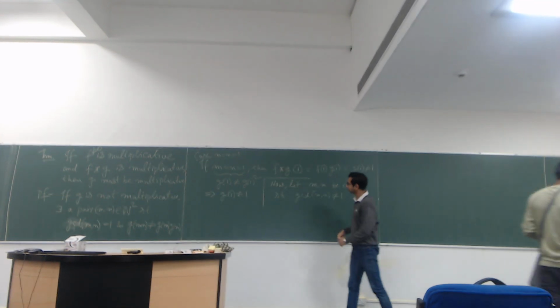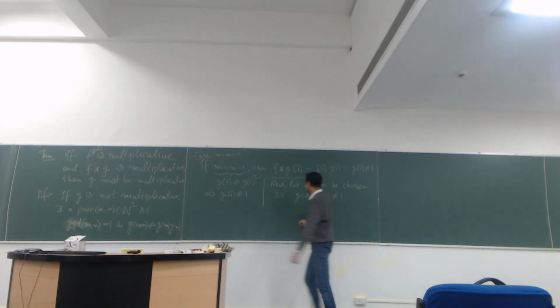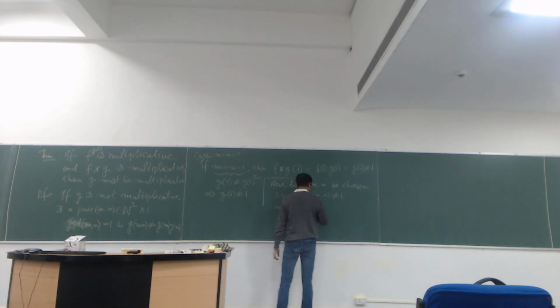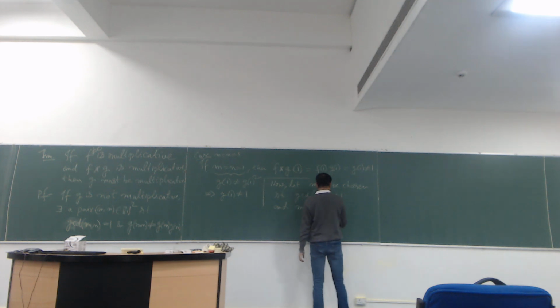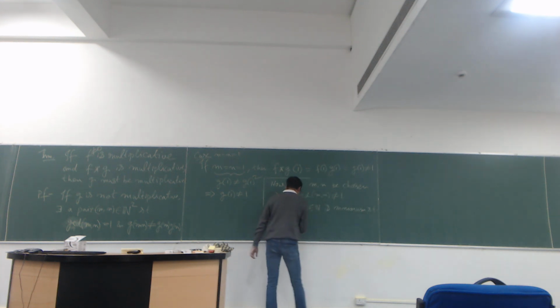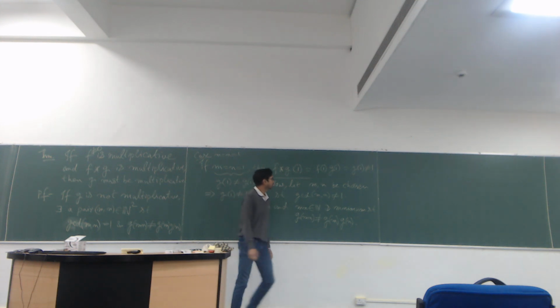Now, this is just an example of the general case. What we are going to do is choose an M and N in such a way that they are relatively prime and MN is minimum such that G of MN is not equal to G of M times G of N.